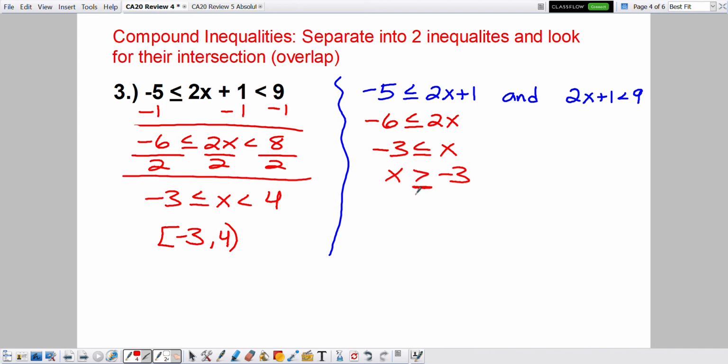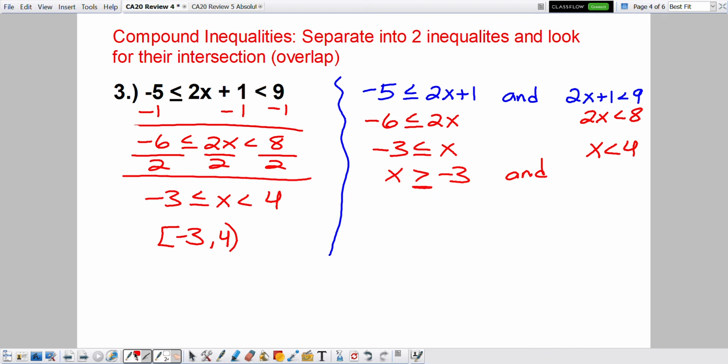So x is greater than or equal to -3. Over here we solve it the same way. We just subtract 1. We get 2x is less than 8. Divide by 2, x is less than 4. And so you don't have to worry about switching this around. So it's really x is greater than or equal to -3 and x is less than 4.